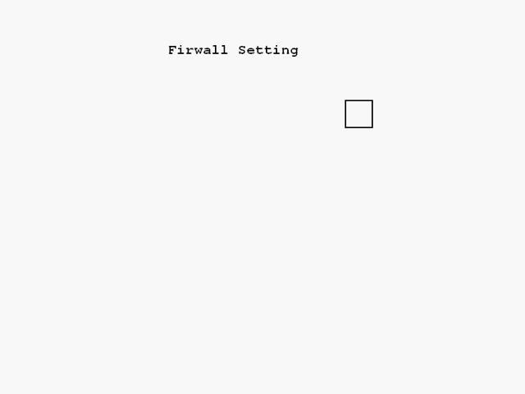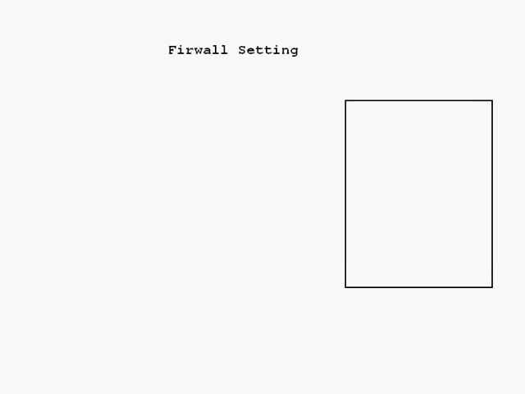Let us say this is a server on which I have two services, or you can say two processes, or maybe three processes that are running. Let us say this is an HTTP process, this is an FTP process, and this is an SSH process.